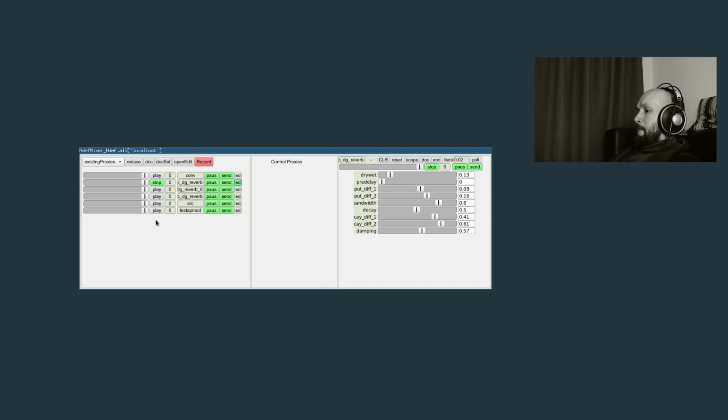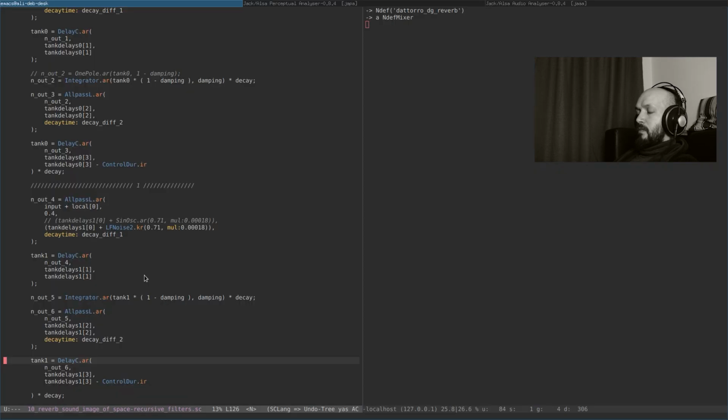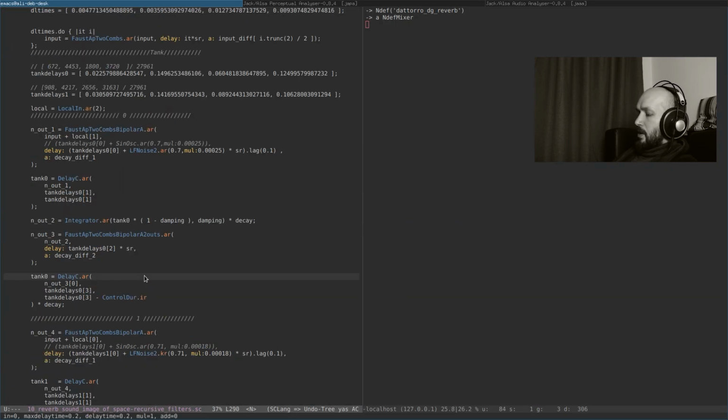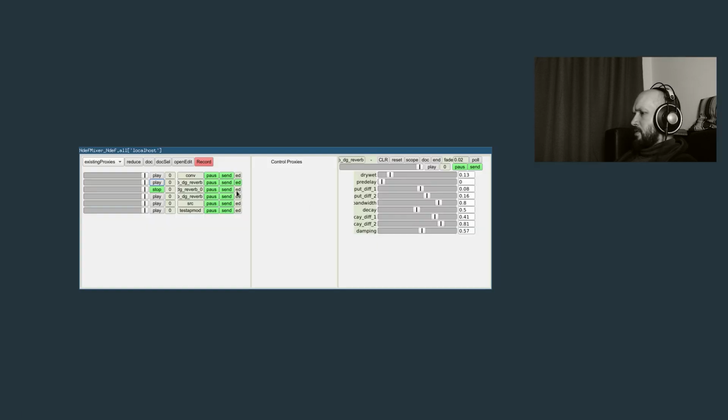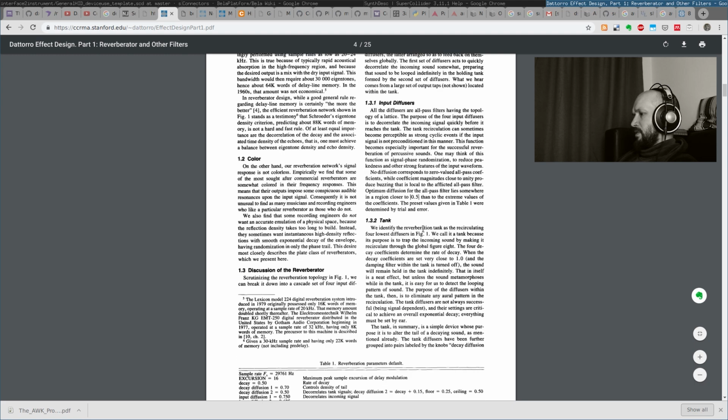And here is another one, with my filters, the filters that I made in Faust. And here the parameters, input diffusion and decay diffusion, are just as specified in the paper. You can find them later in this text.